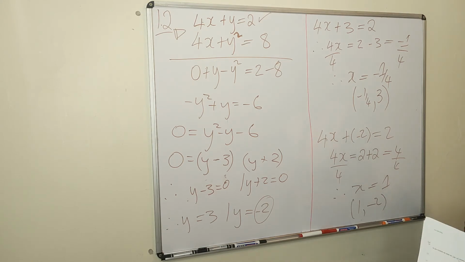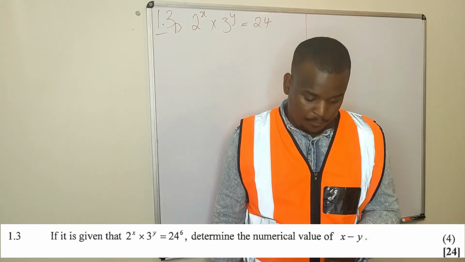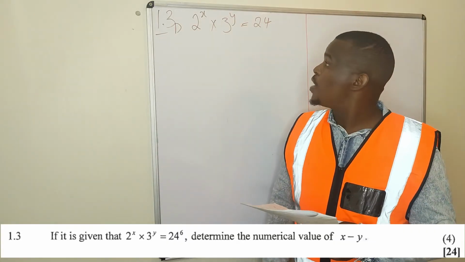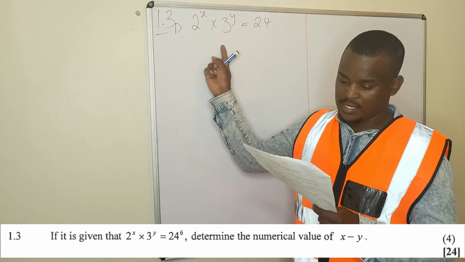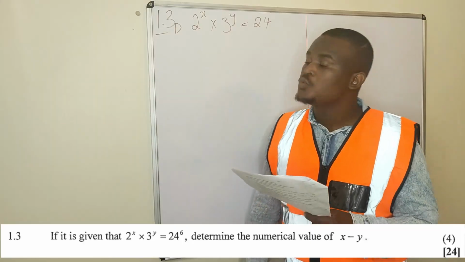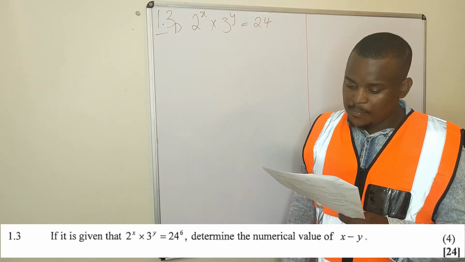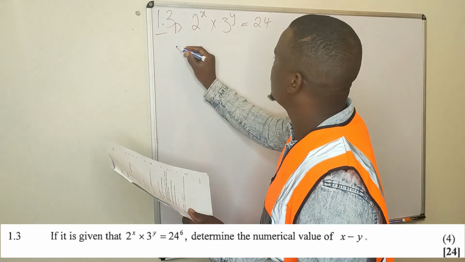Now we go to the next one, which is 1.3. Okay, so now we're doing 1.3. It is given that this equation is equal to 24. Determine the value of x minus y.